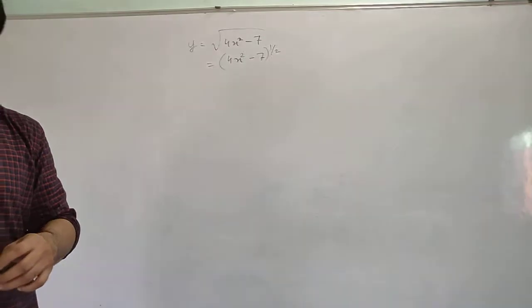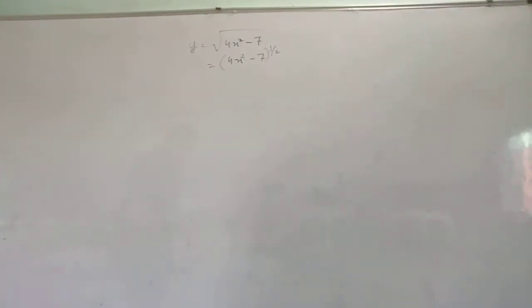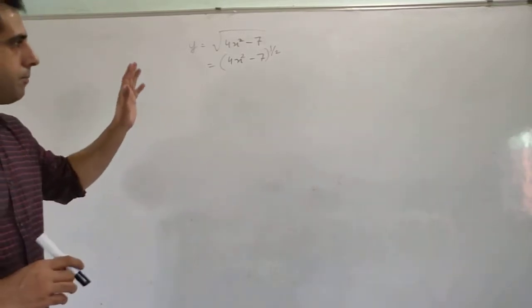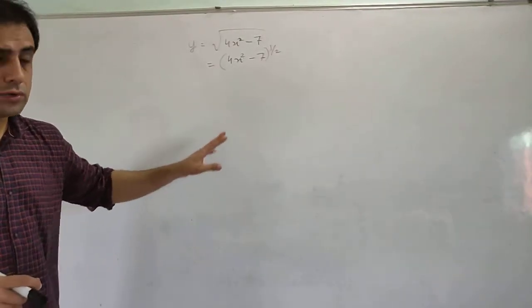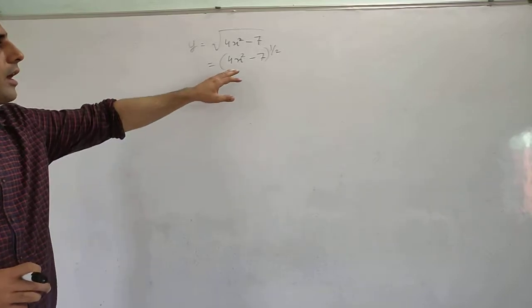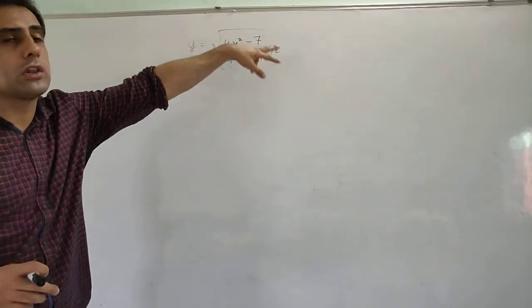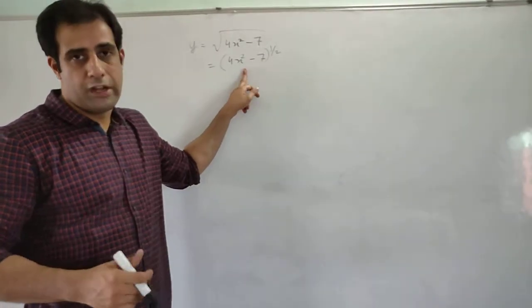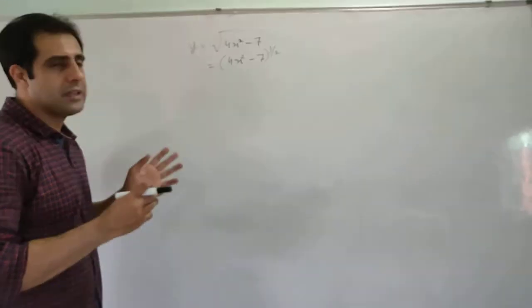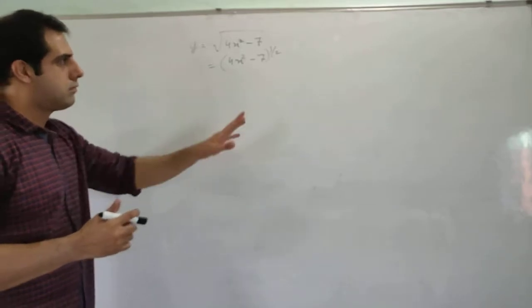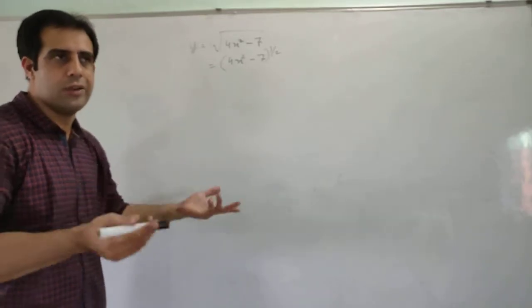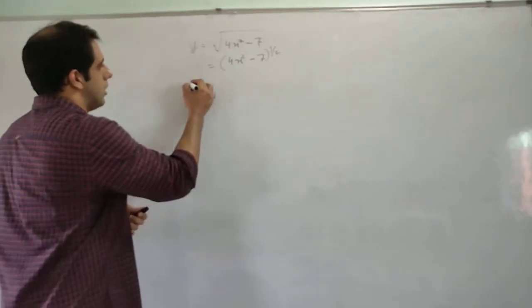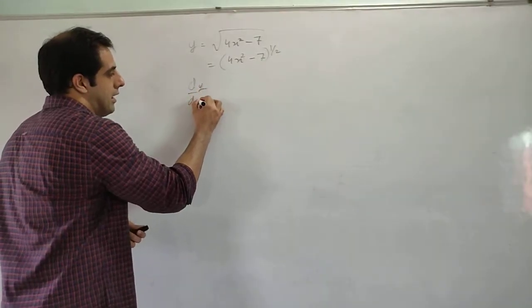Root means the power is 1 by 2. Now how will we do that? For such kind of functions, when we have a variable inside but we also have a power, a particular method is used. We have to differentiate the power as well as the variable. There is a method called chain rule, but just do some questions and you will automatically realize what we are doing. Okay, so dy by dx.